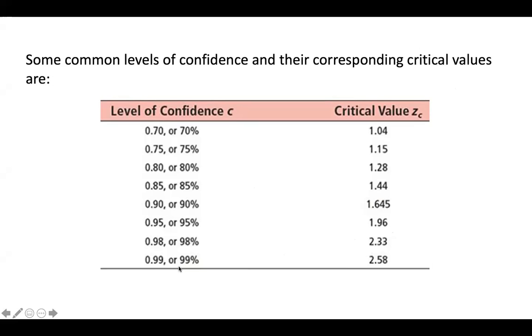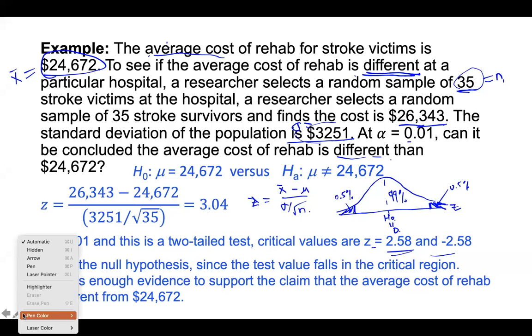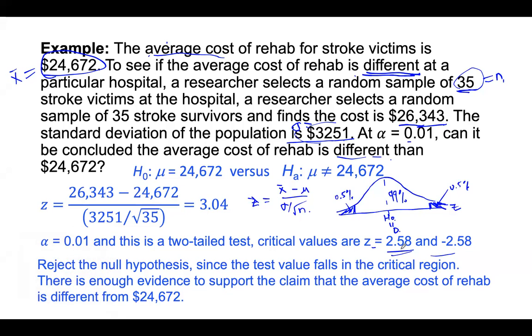Our alpha was 0.01, which corresponds to a 99% level of confidence, or 0.99, and the critical value is 2.58. So we can use 2.58 and negative 2.58 here. This is our critical value that we check to see if the test value is in the rejection region.